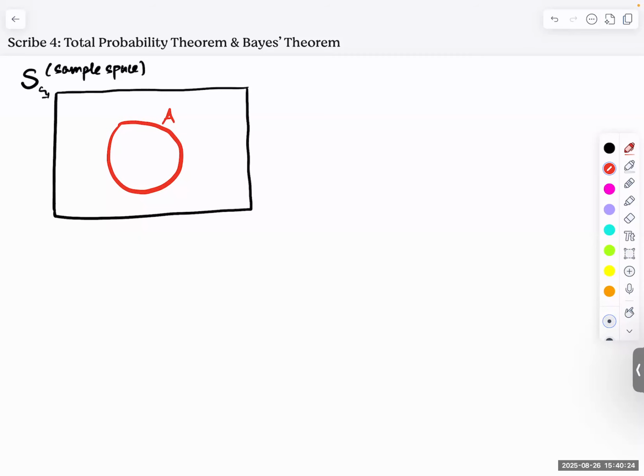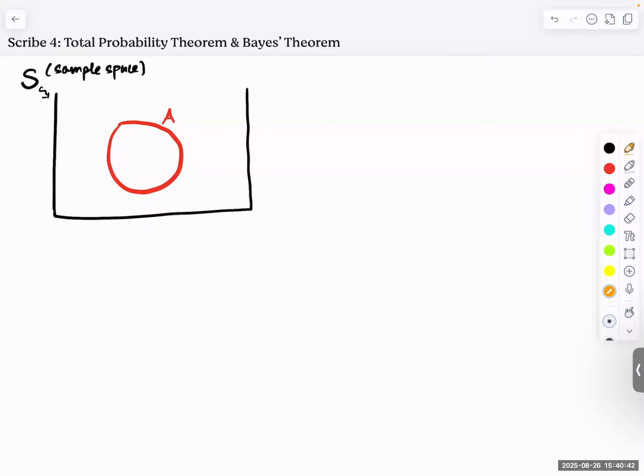So the starting point is the following: we take our original sample space and we break it down into a partition. So we partition the sample space. What do I mean by a partition? Visually, this is what it means.